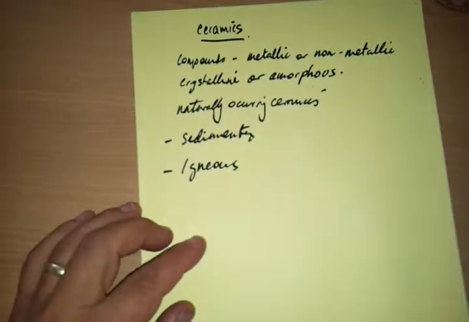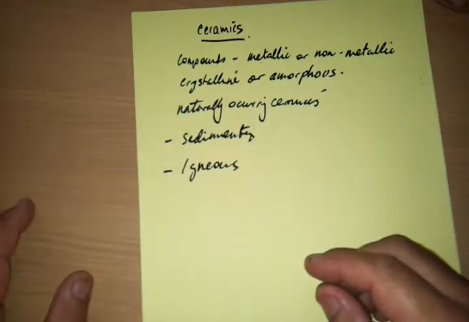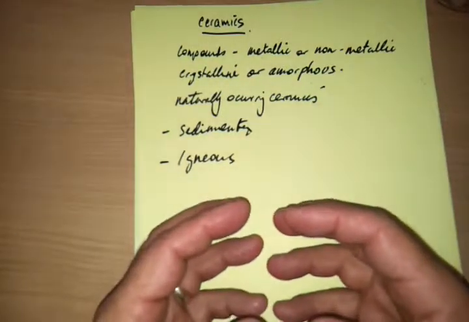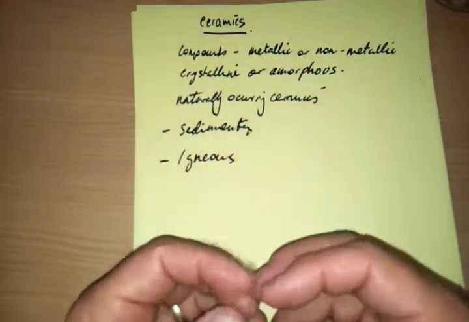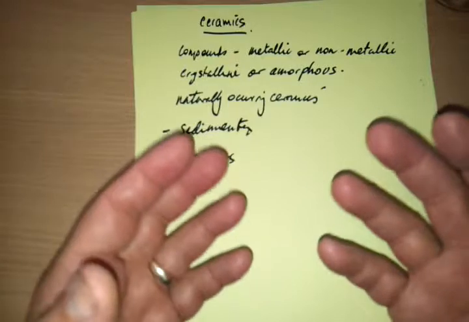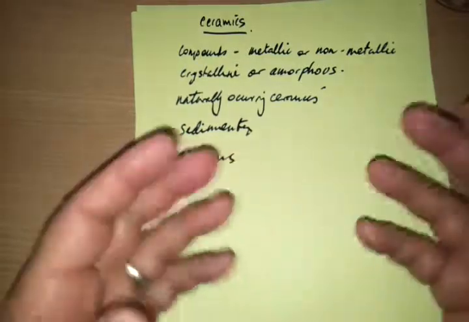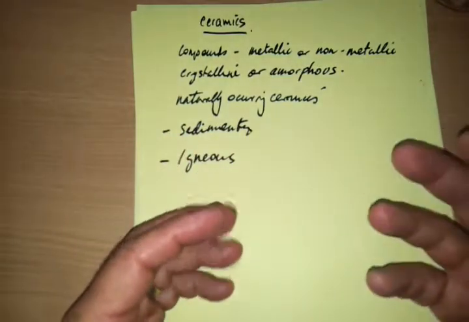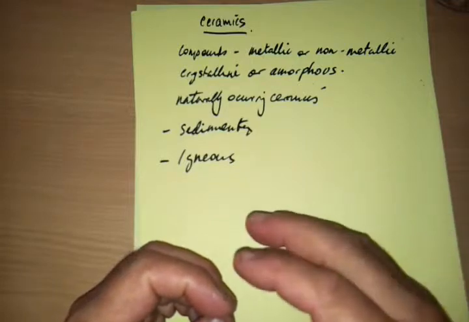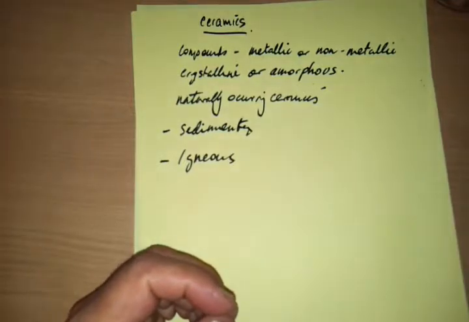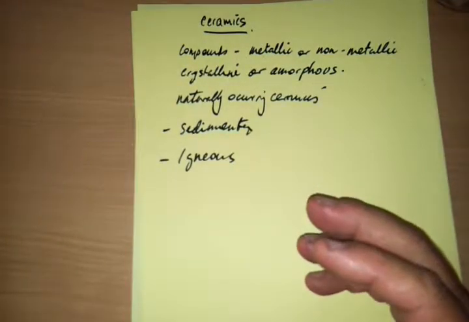Igneous rocks really form as a result of volcanic action. So water or magma or molten rock comes up from the ground through fissures, and it flows, and when it reaches the surface it cools and it forms typical kind of rocks that are very hard and they're very glassy.